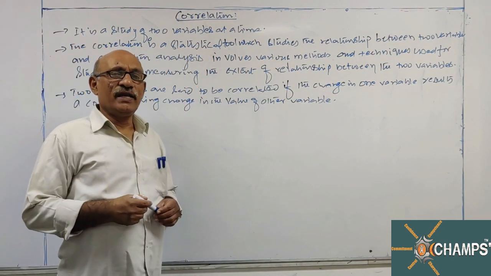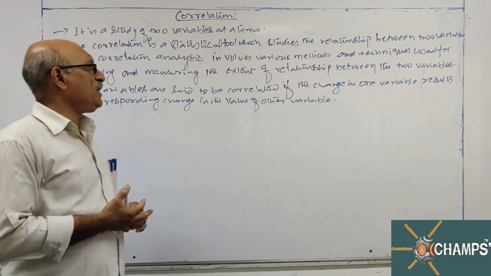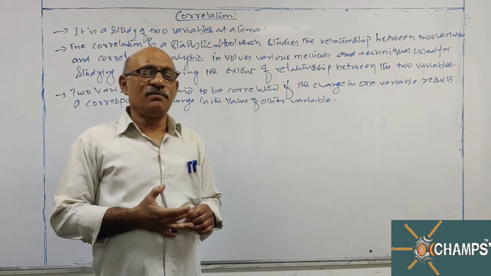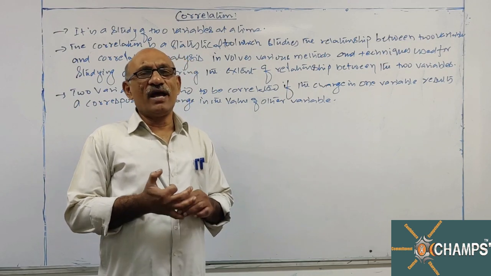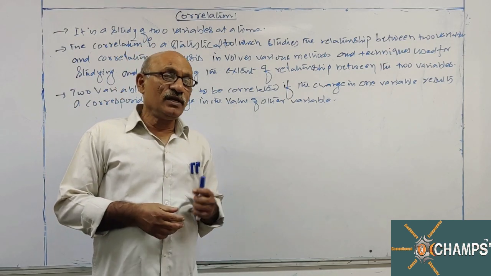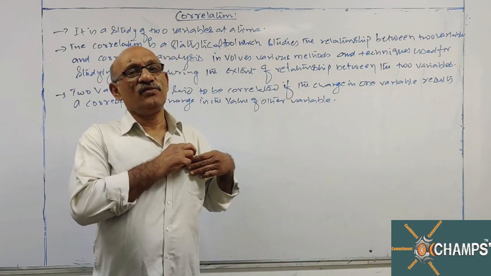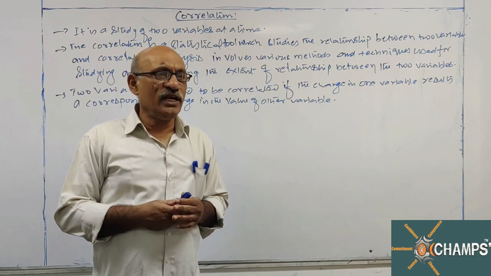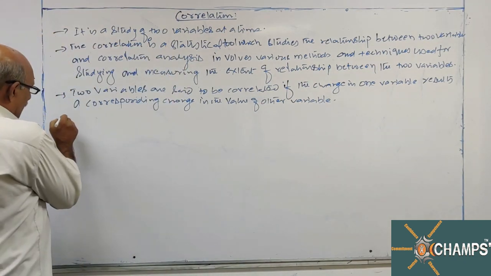When will I say two variables are correlated? Corresponding to a change in the value of one variable, if there is a change in the value of other variable, then only we can say the two variables are correlated. Otherwise, there is no correlation at all.